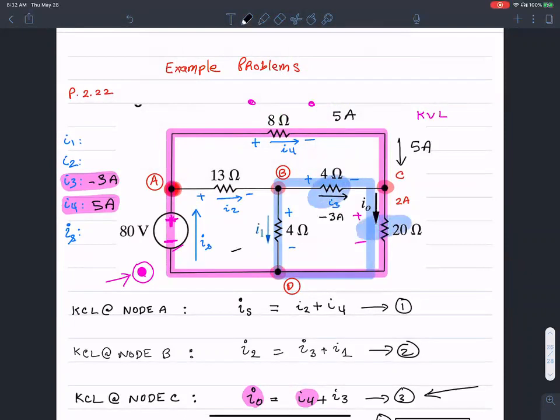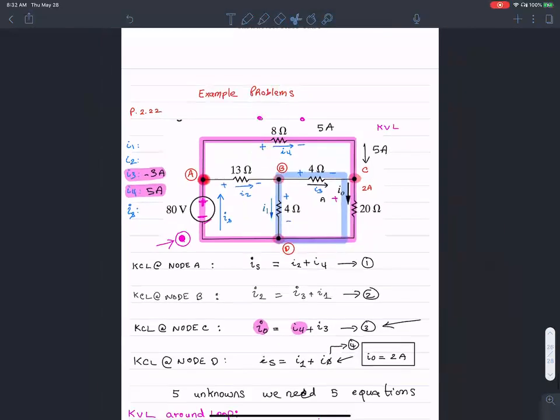So this is the only thing that is left to find out. So let's find that out. Let's apply the KVL over there. KVL around the blue loop.